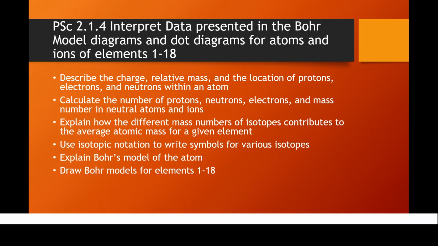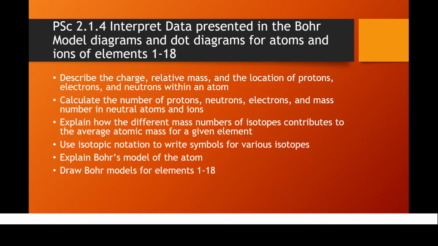Now, if we break that down, what is it that I want you guys to be able to do once we complete this unit? And what that's going to look like is being able to describe the charge, the relative mass, and the location of protons, electrons, and neutrons within an atom.